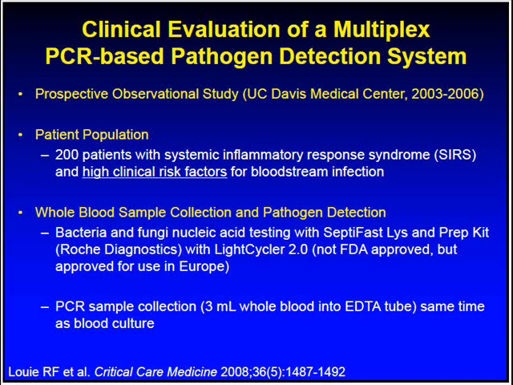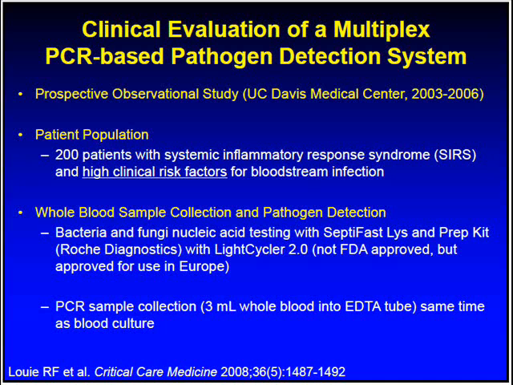Blood cultures were processed by the microbiology laboratory, while the EDTA tube blood sample was used for testing on the SeptiFast assay. The assay workflow has since been refined to work with a lower blood volume of 1.5 milliliters.